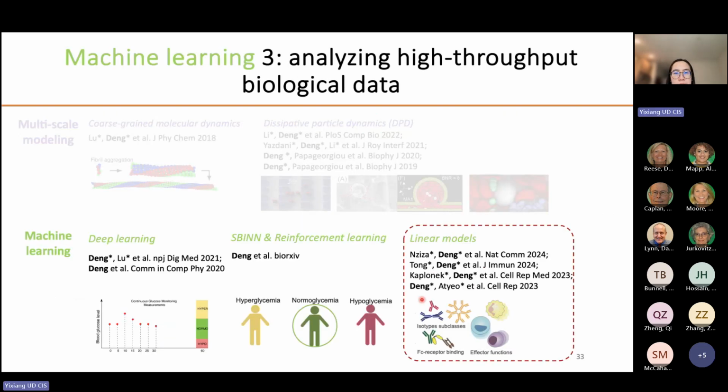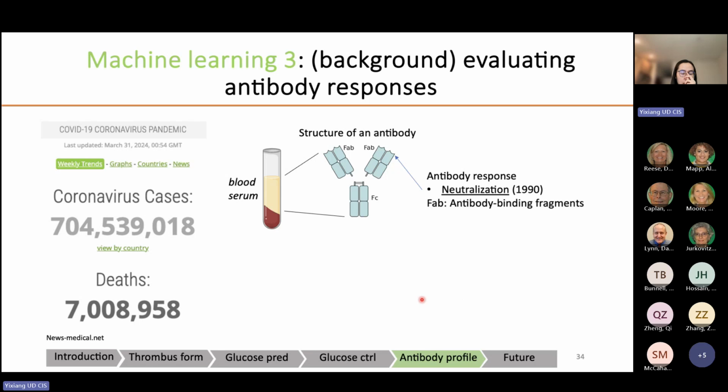Okay, so here is the last project, on analyzing high-throughput biology data. I don't need to mention how devastating it is to see that coronavirus has affected so many patients and led to so many deaths. We also know the molecule protecting us from COVID or any other infectious diseases is a molecule called antibody.